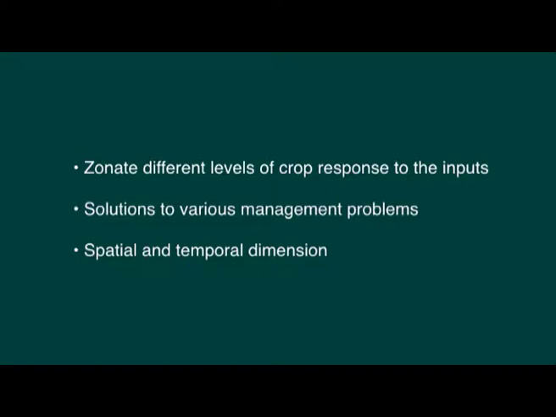Spatial and temporal dimension means that in any agricultural field it is not necessary that all the area has the same soil type, the same slope, or gets the same kind of water, be it irrigation from groundwater or surface water. So, this will vary in time and space. That spatial and temporal variation can be easily distinguished and mapped by using GIS technology.